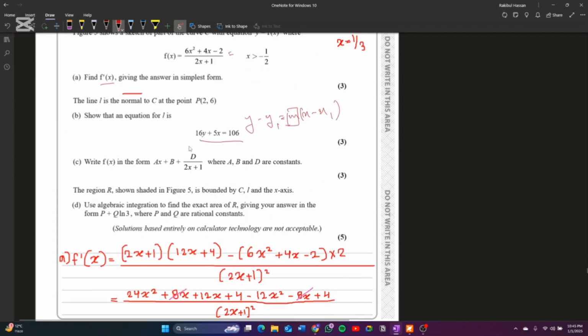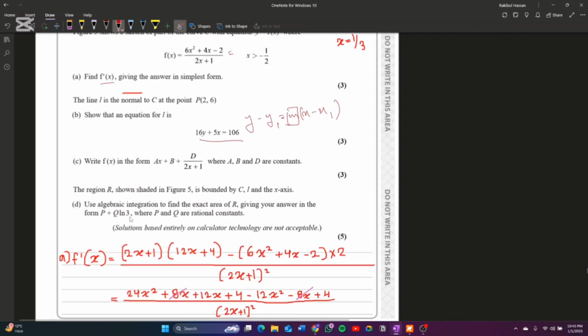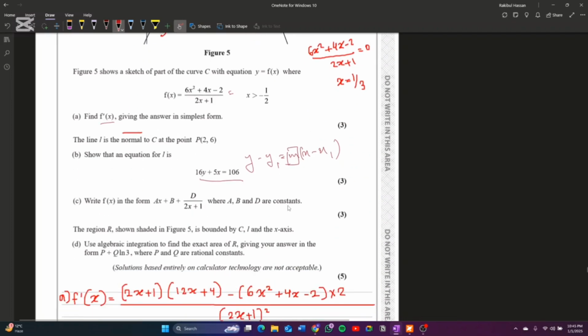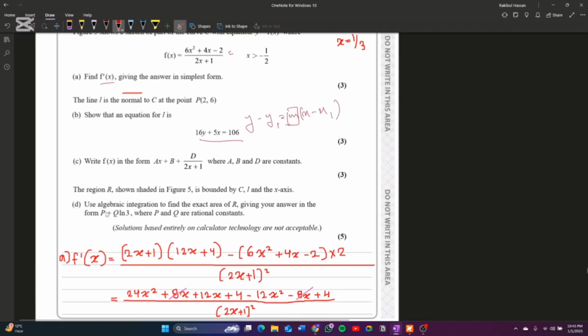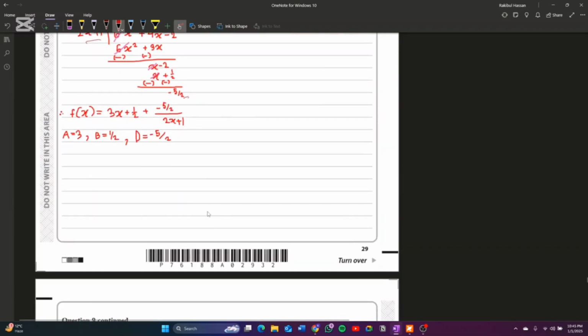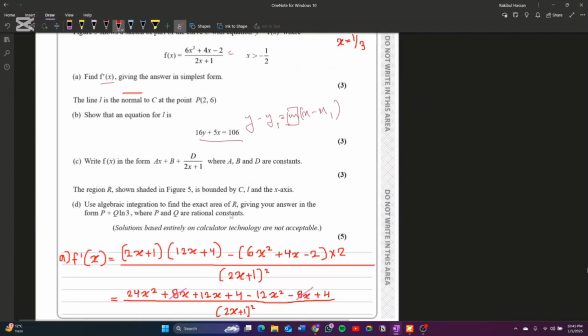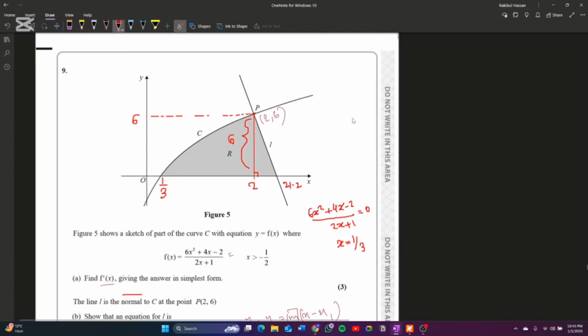Now, the region R is bounded by this curve C, this line L, and the x-axis. Use algebraic integration to find the exact area of R, giving your answer in the form P plus Q ln something. If we are to do integration, we need to find the range.